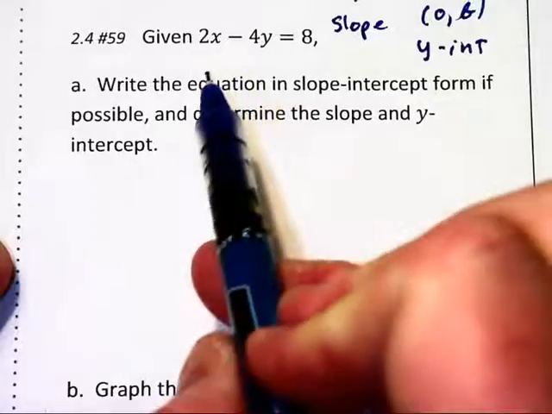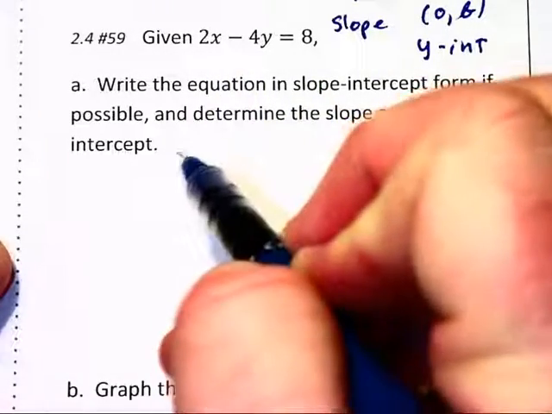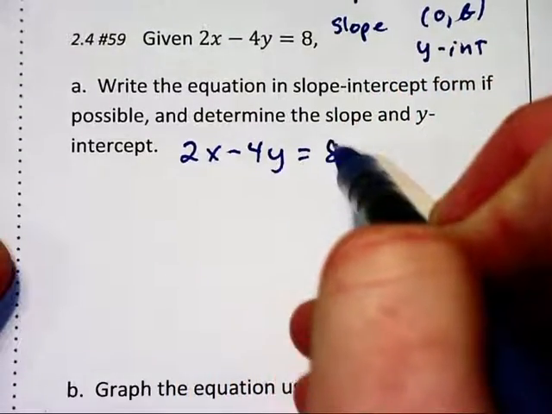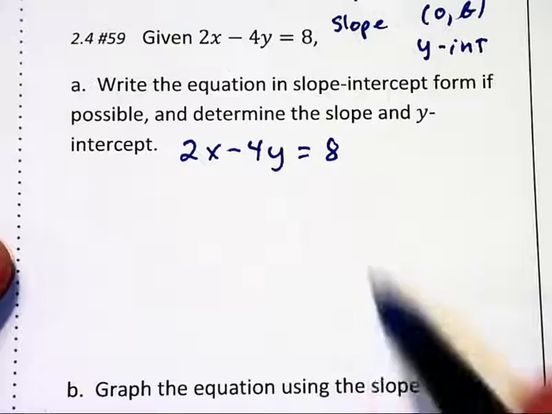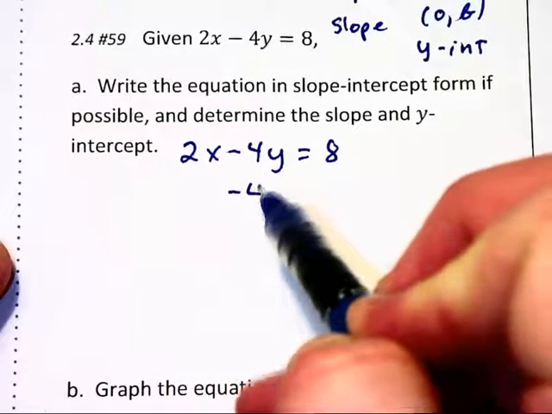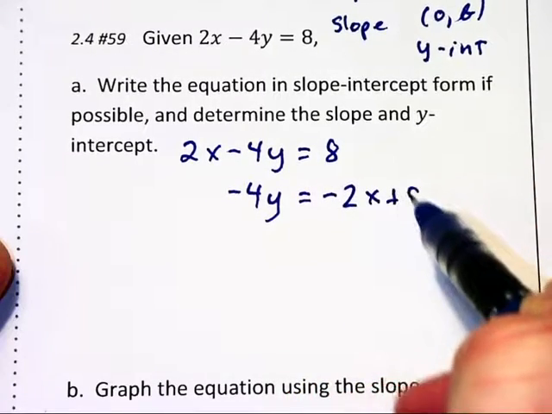Okay, the first thing we want to do is write this in slope-intercept form. We begin with 2x minus 4y equals 8, and we want to isolate the y. So we begin by subtracting the 2x off of each side, and that gives us negative 4y equals negative 2x plus 8.